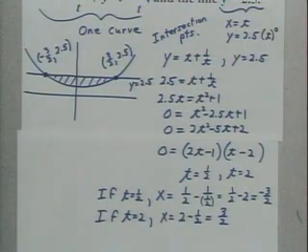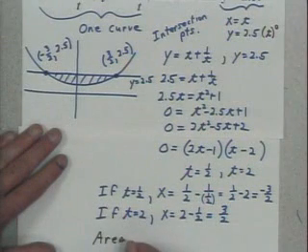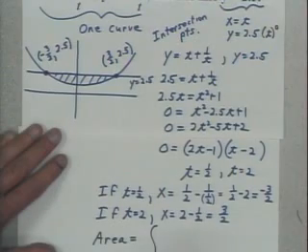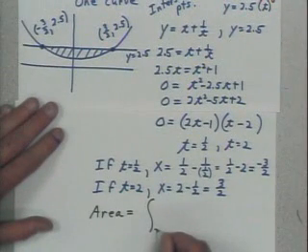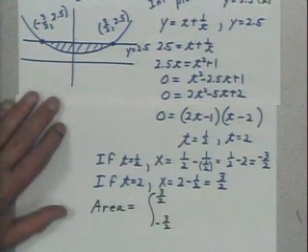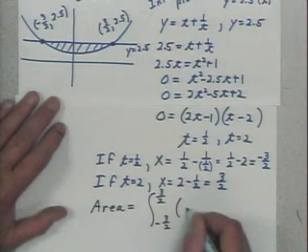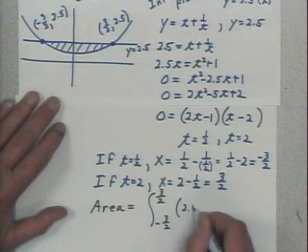If I wanted to do this in Cartesian, I am ready to find area. Because it'd be the integral from minus 3/2 to 3/2. And then it'd be curve on top, right? And the curve on top is y equals 2.5.